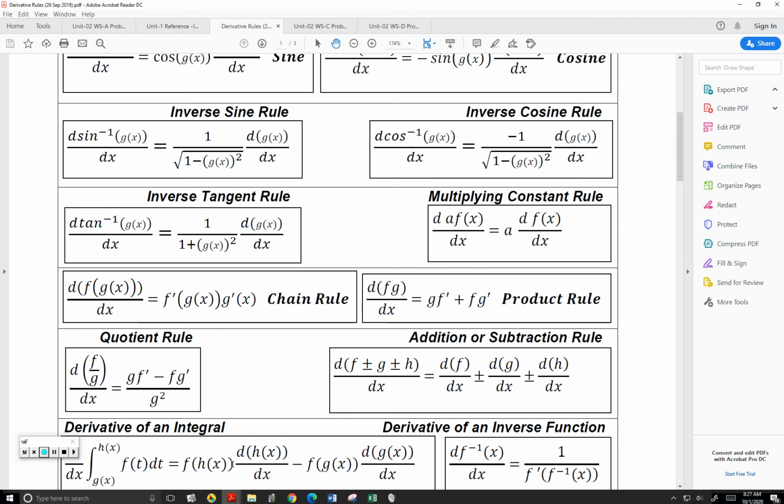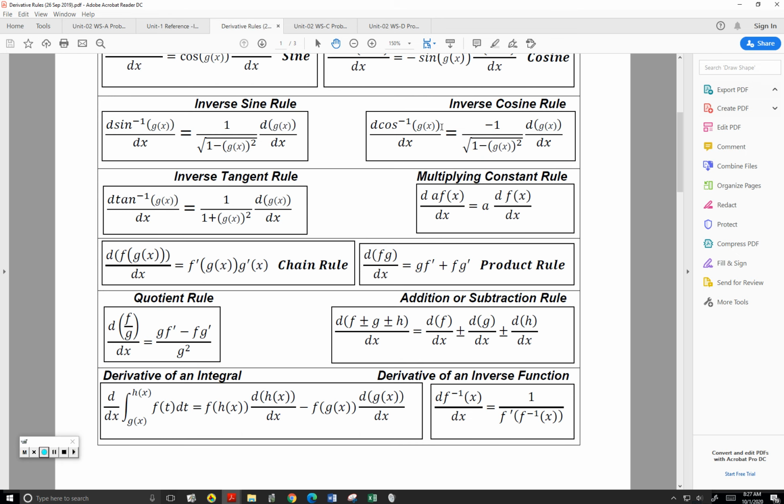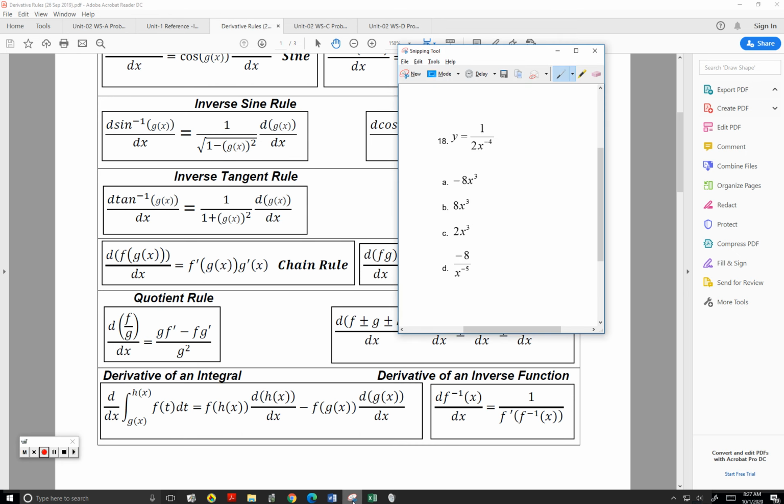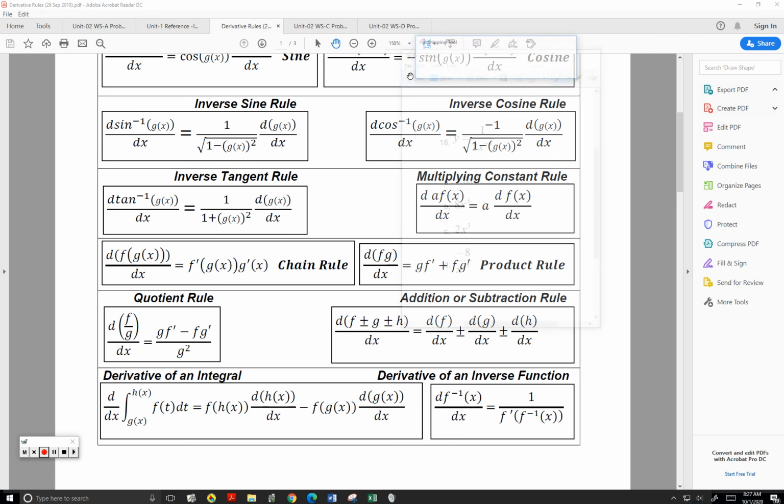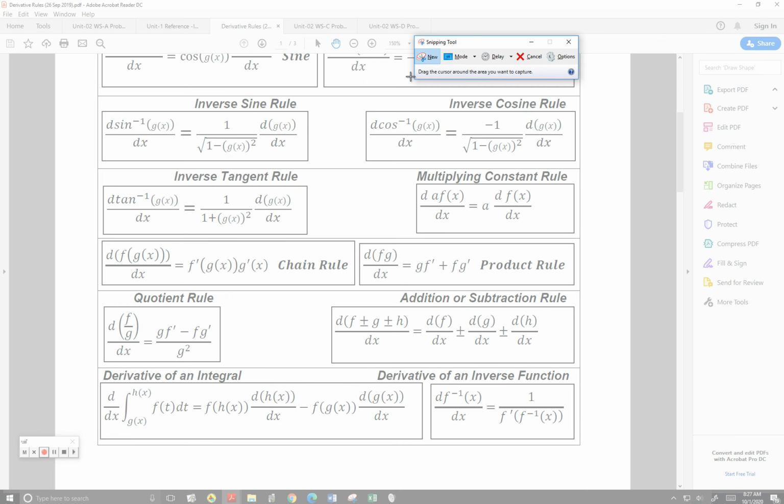Let's make this a little bit smaller. It's the multiplying constant rule. So I'm going to copy the rule over just to make it easier to talk about.